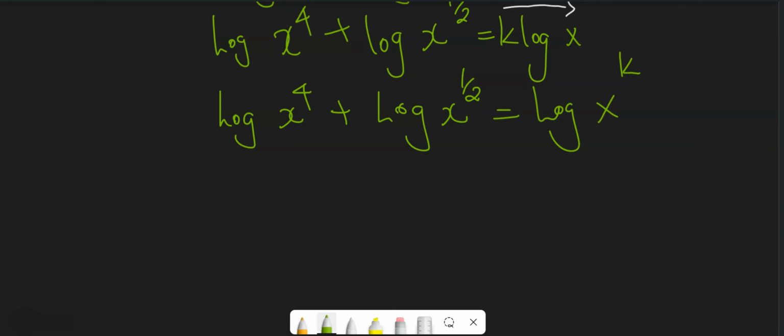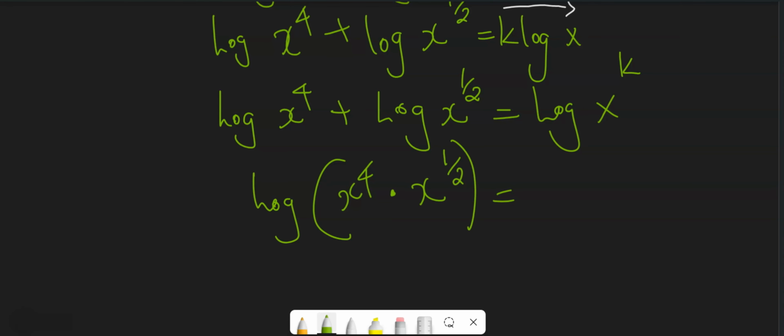Now that we have raised k, we can bring back the laws of logarithm. The first law of logarithm is addition. So log of what? It's x power 4 multiplied by x power a half equals log of x power k. We can put this into brackets.